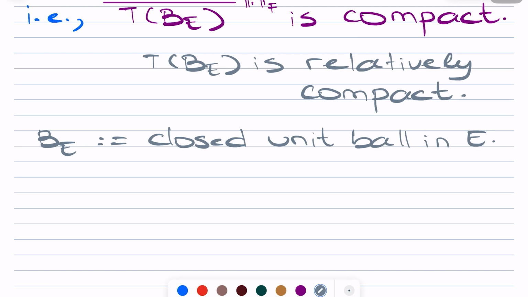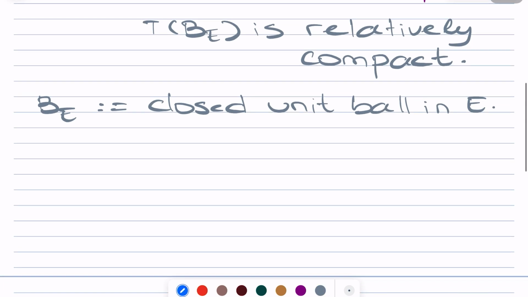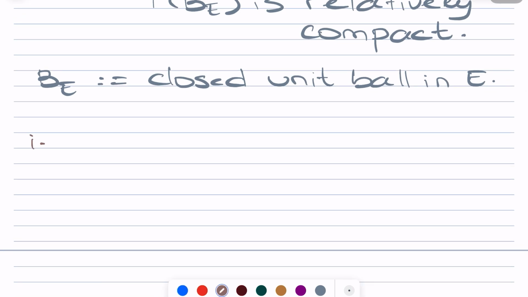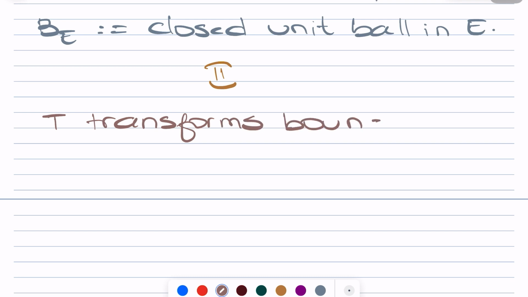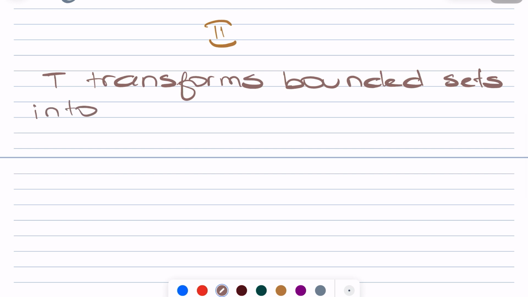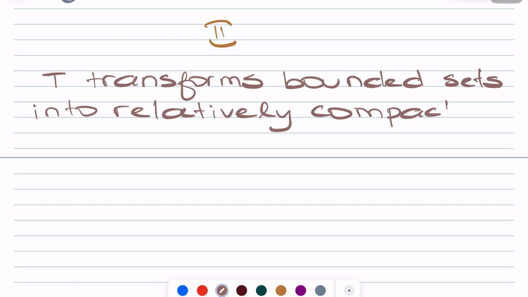Okay, so you can even prove that this definition is equivalent to saying that, let me put it probably this way, the above definition is equivalent to saying that T transforms bounded sets into relatively compact sets.